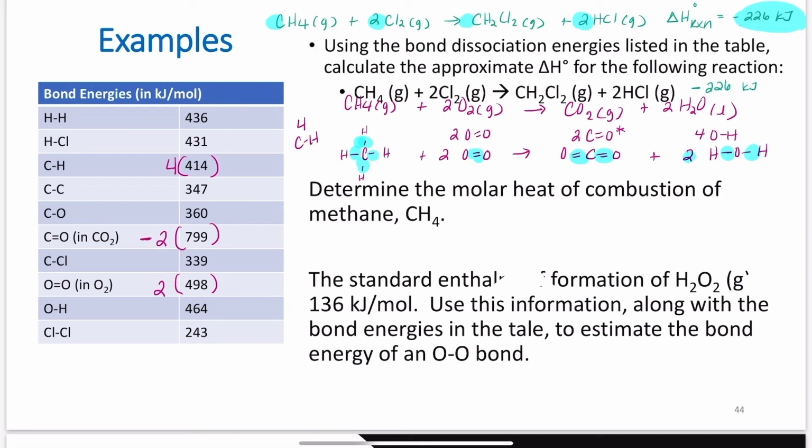And the reason the bonds are being formed is to lower the energy. And then the OH bond, I have 4 of those as well, forming 2 moles of H2O, but it's going to be negative. Again, negative here because it's being formed. Add all of that up, and I'm going to get a delta H reaction of 802 kilojoules per mole.